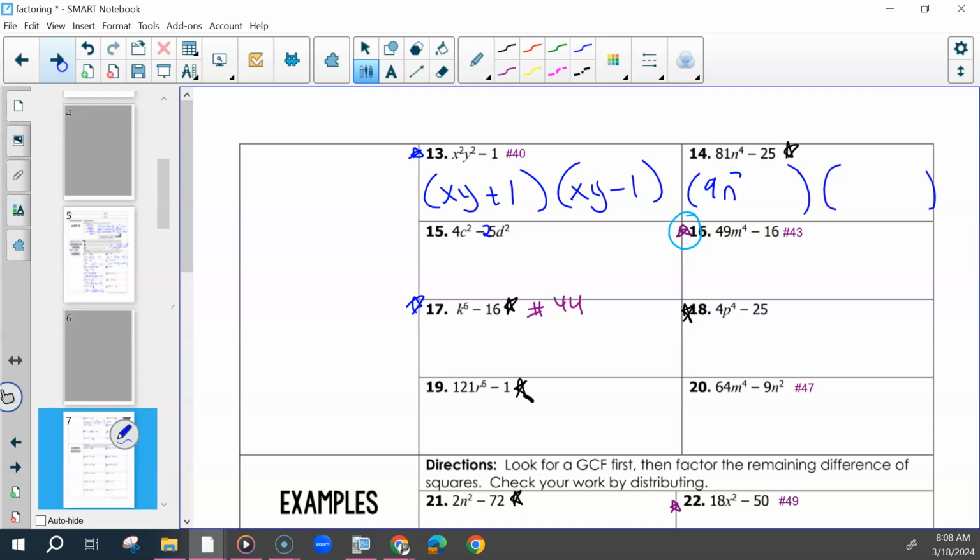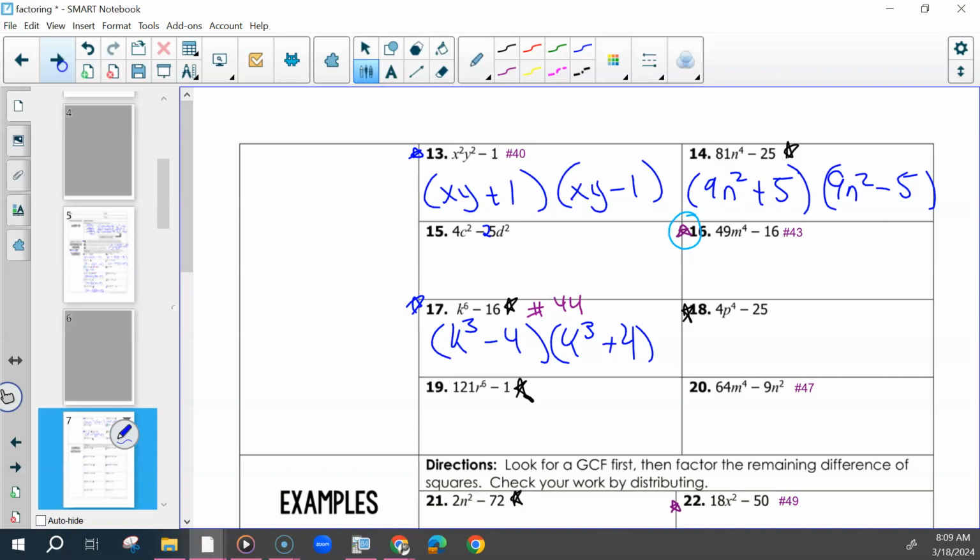9n squared plus 5 and 9n squared minus 5. 17: k cubed minus 4 and k cubed plus 4.